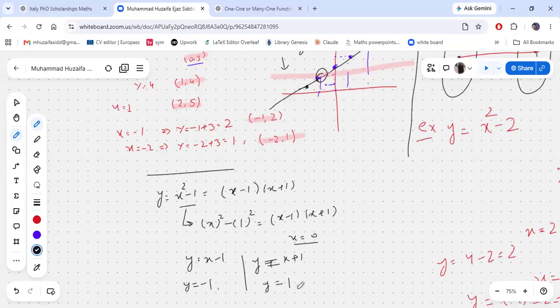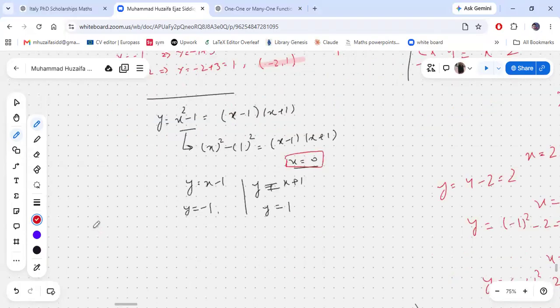So here our input is single, but our output is double. In graphical representation, a single input gives a double output.